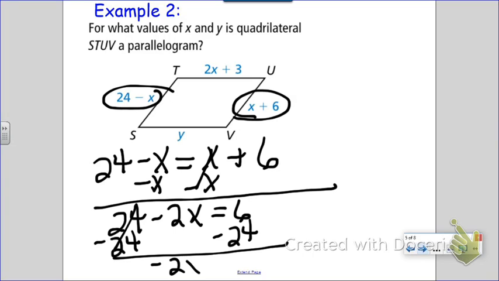We have negative 2x equals negative 18, divided by negative 2, which equals 9. So that would mean x equals 9, which means our side lengths are 15.